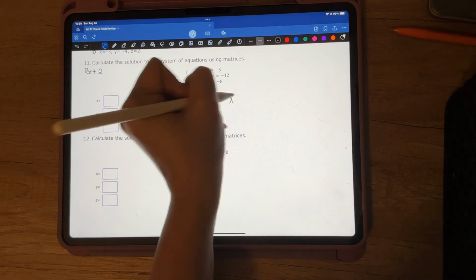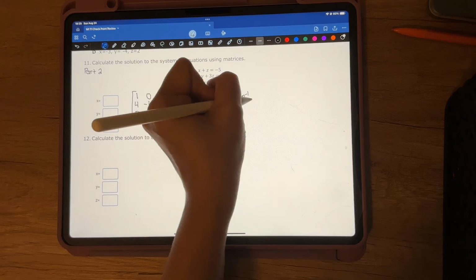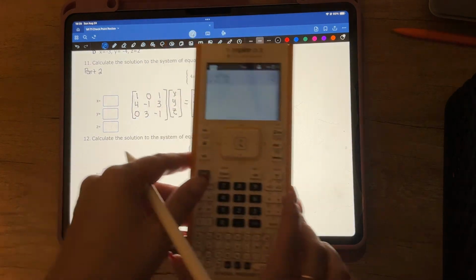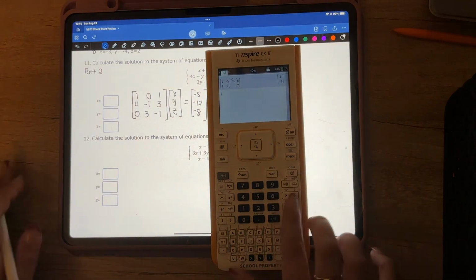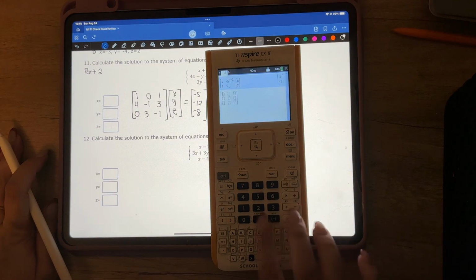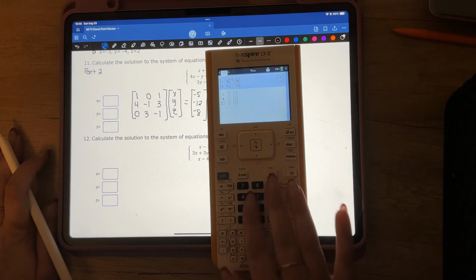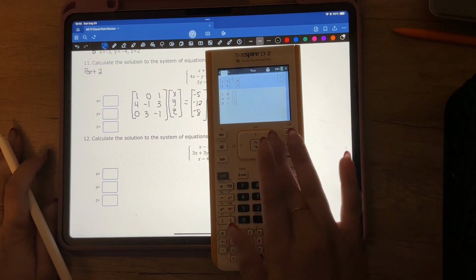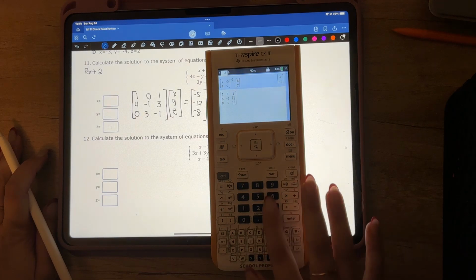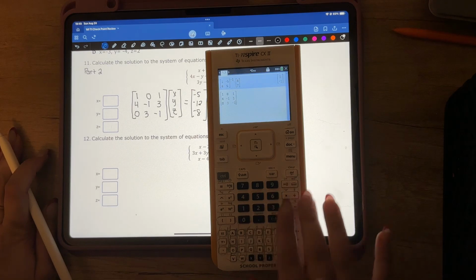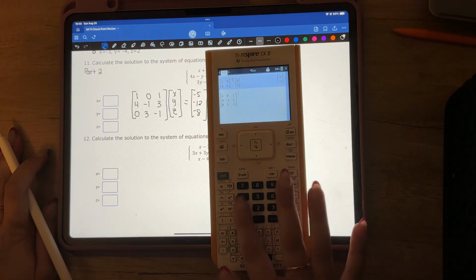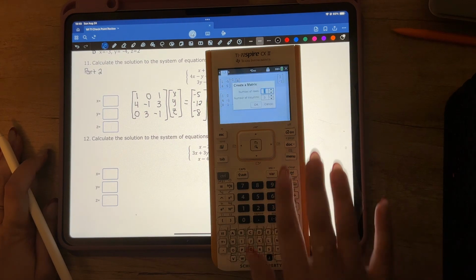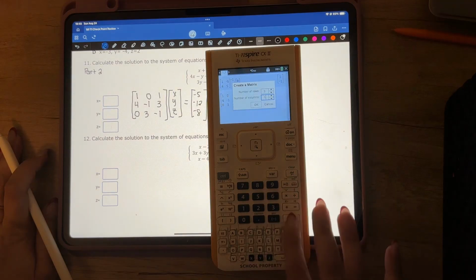Remember, to solve this, we want A inverse times B. So here we go. We're going to do A inverse times B on the calculator. This time we do have a 3 by 3, so I'm going to type it in. Okay, I'm going to do to the -1st power times matrix B. Matrix B is a 3 by 1 matrix.